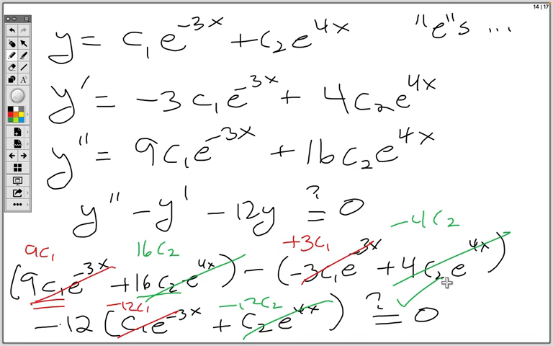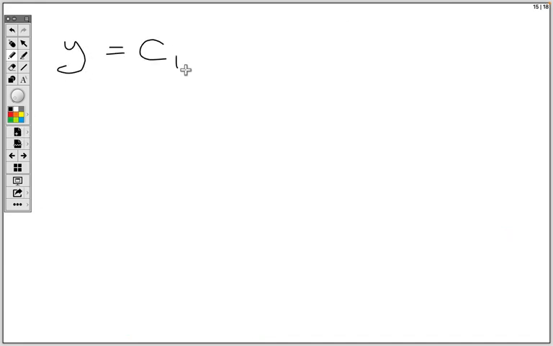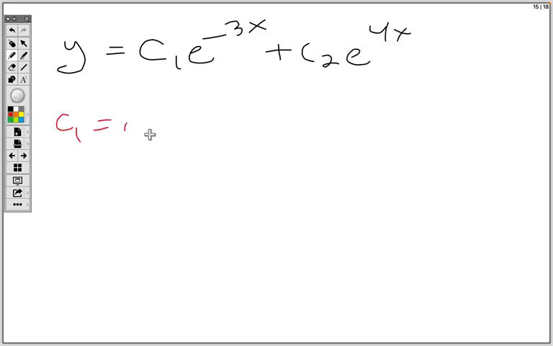So not only are e to the minus 3x and e to the 4x solutions individually, any linear combination will be as well. So for example, if you pick c1 as 0 and c2 equals 1, then you actually recover e to the 4x.